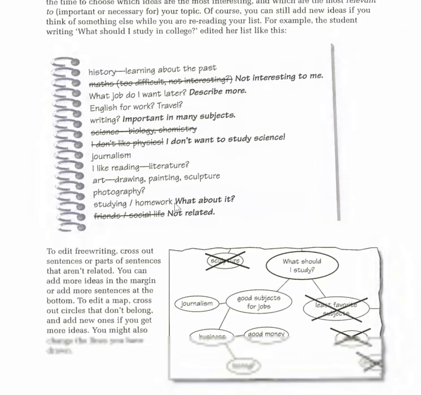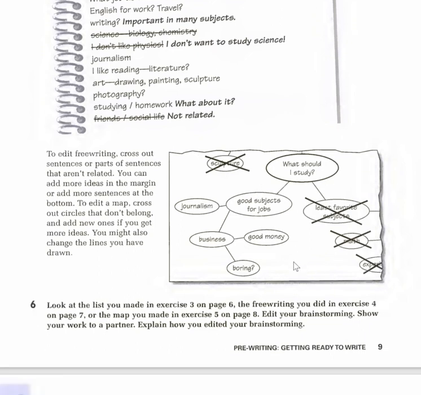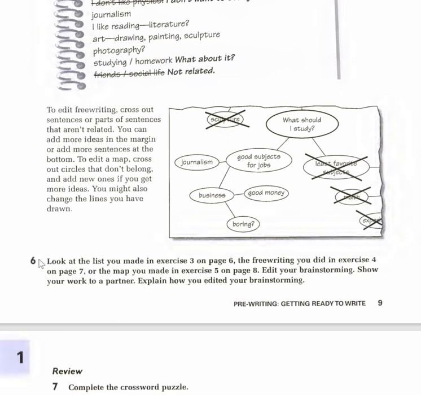I don't like physics, I don't want to write this idea. Friends, social, I don't want to write about this idea. If you go to edit, just cross out the sentences or parts of the sentences that are not related. In mapping, you put a cross over the circles that you don't want to be included.